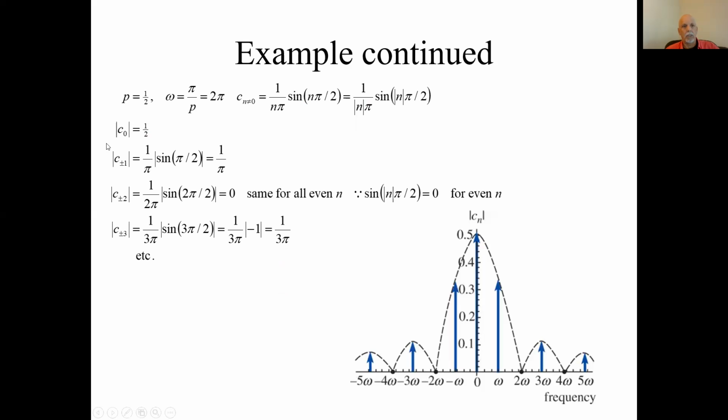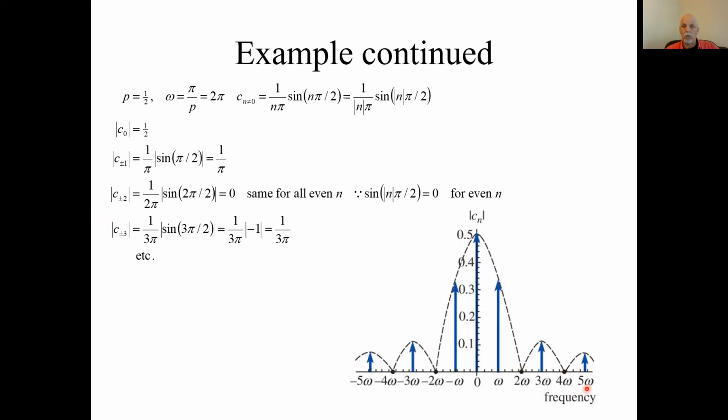So now I could sketch all these on the frequency spectrum. There's the C0 term, the C1 term, C2 term, C3, C4, C5. It only has values at integer multiples of the fundamental frequency, which is 2 pi.